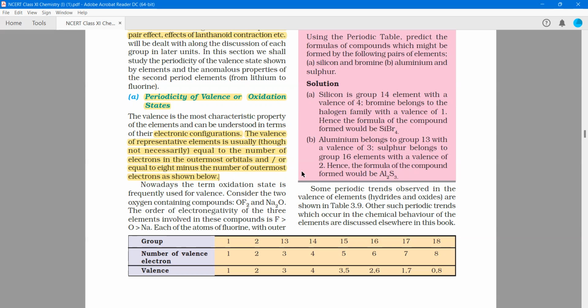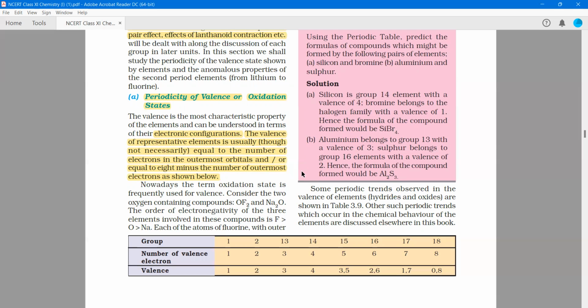In that case, it is 8 minus the number of electrons, because in order to complete the octet you should have 8 electrons in the valence shell. If you need to add electrons to make it 8, the number you add will be 8 minus the number of electrons already present in the valence shell. That is what is written over here. Nowadays the term oxidation state is frequently used for valence.